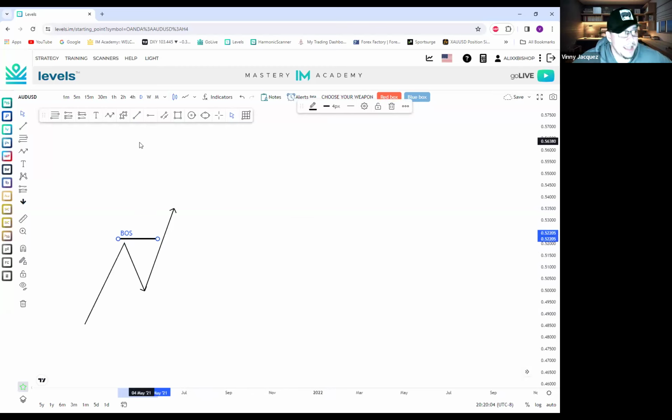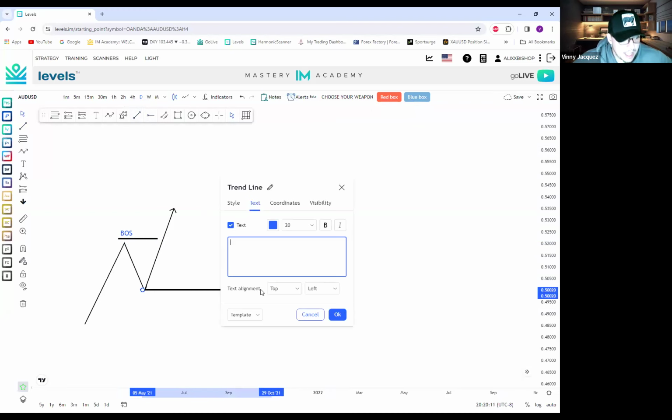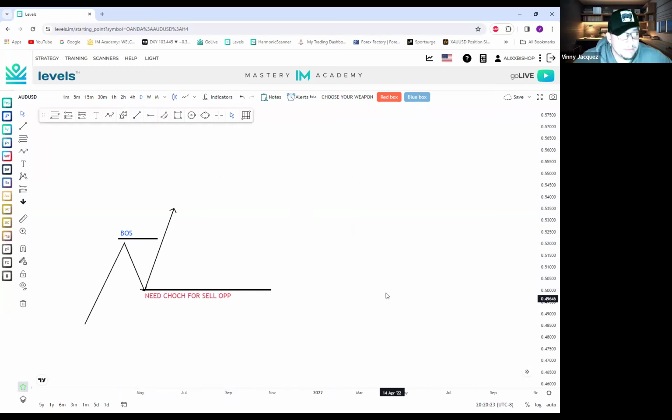You can mark it up like that. I need this change of character. Boom. Right? I need it to be clear to you guys. And we're only continuing to look for buys, right? And the market is uptrending.